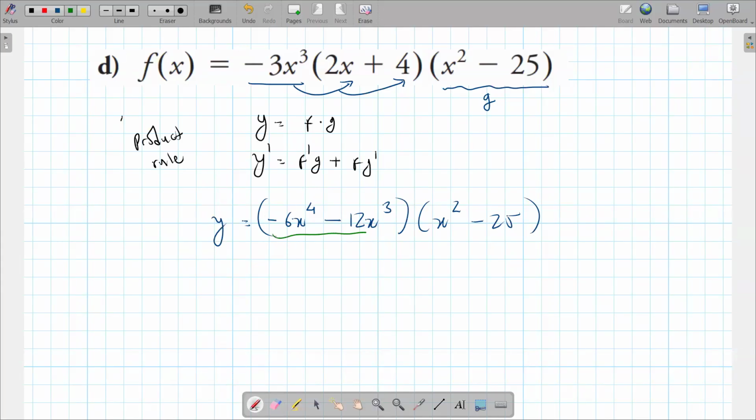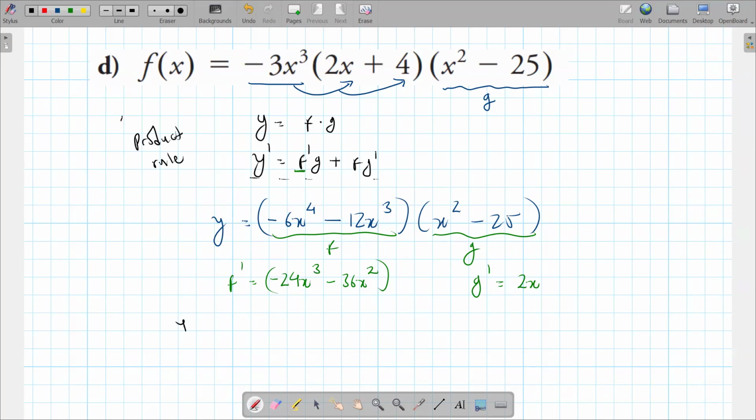This is f. This is g. F prime is negative 24x^3 minus 36x^2. This is the derivative of just f. G prime is much easier, it's 2x. Now let's set everything inside of this equation.